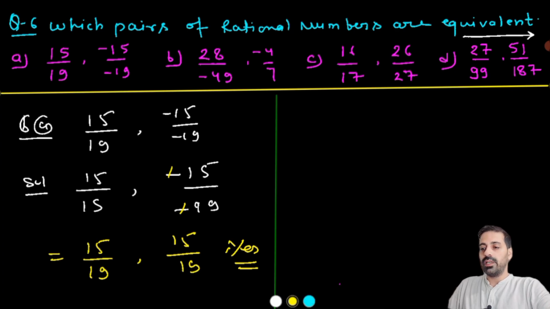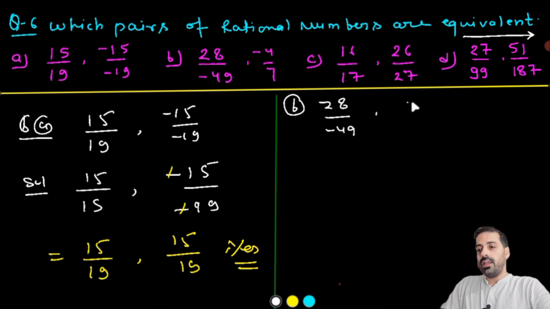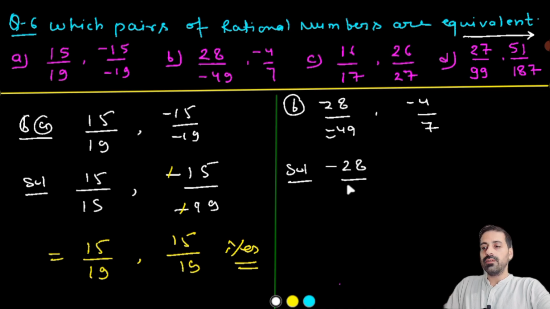Now move to the next question of this. So the next part is given here, part B. 28 upon negative 49 and negative 4 upon 7. So what we have to do here, for equivalent numbers we have to make the denominator the same. So this negative sign is your enemy.